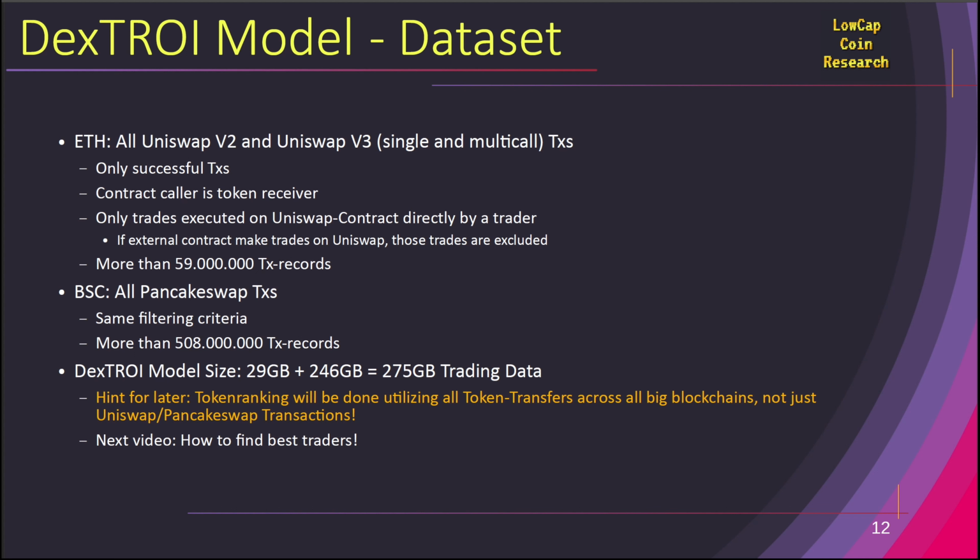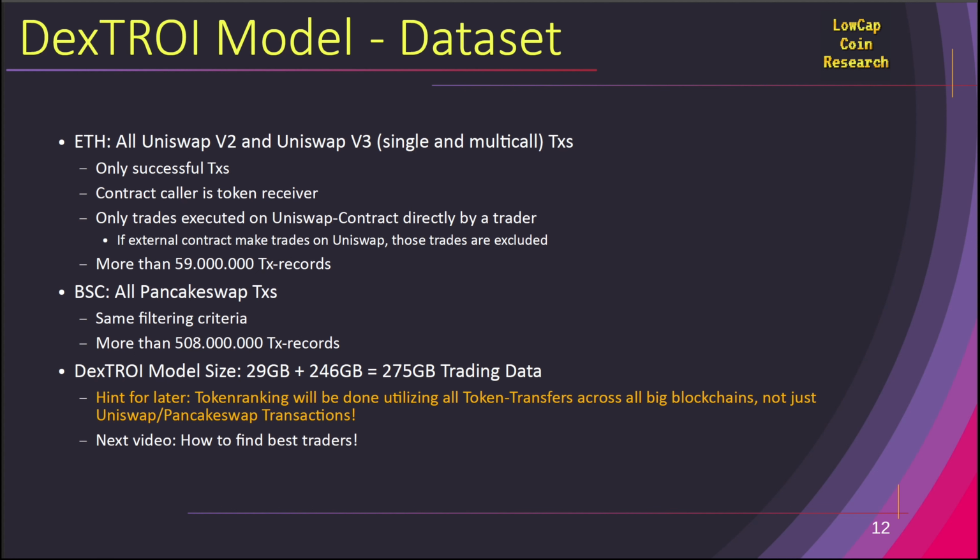I consider only successful transactions, and the contract caller should also be the token receiver. Also, only trades executed on Uniswap or PancakeSwap contract directly by a trader are considered. That means if an external contract makes trades, then those trades are excluded.